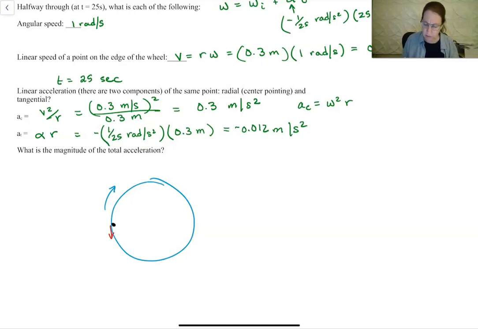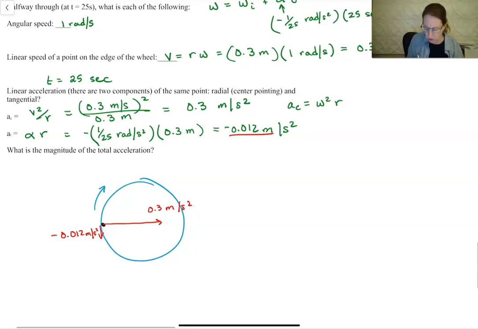And it's a pretty small number, right? Minus 0.012 meters per second squared. The radial acceleration is a pretty long vector of 0.3 meters per second squared. The net acceleration is going to be a vector off in this direction, and I've exaggerated it.